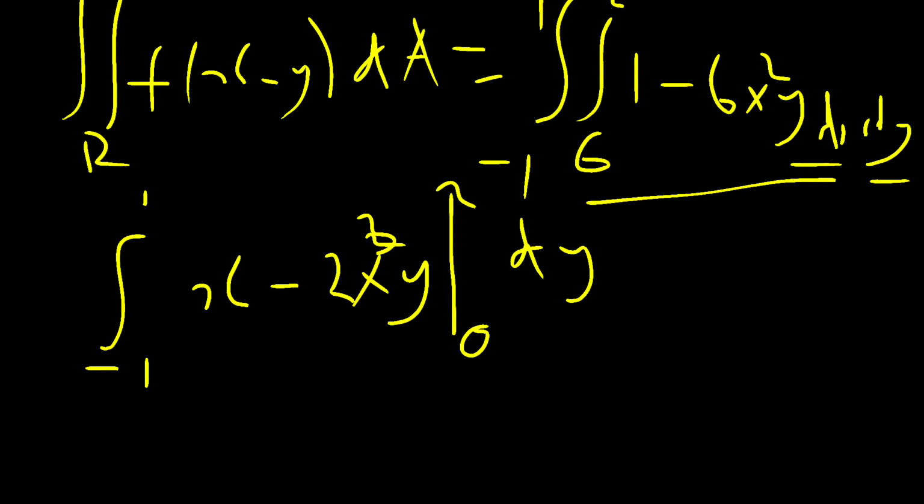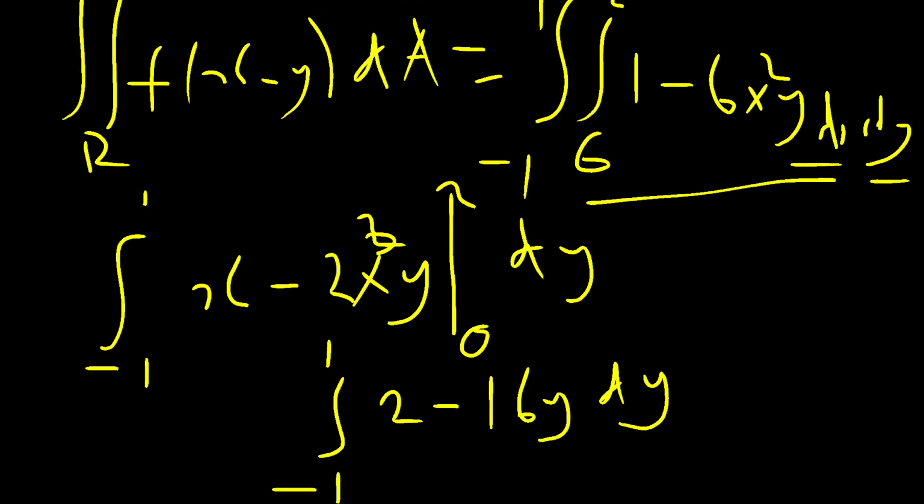If you substitute the values of x here, we'll have the integral from -1 to 1 of 2 take away 16y dy.